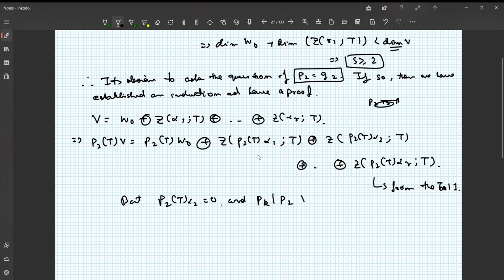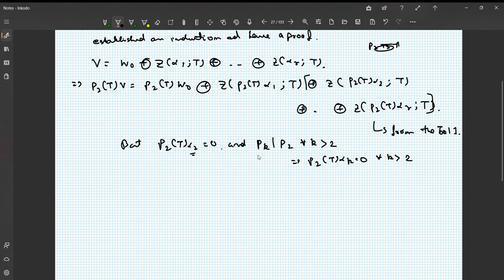Now observe, P2(T) of alpha 2 is 0 because P2 is the T-annihilator of alpha 2, and Pk divides P2 for all k greater than 2, which implies P2(T) of alpha k is equal to 0 for all k greater than 2. If you include this, then all k greater than or equal to 2.